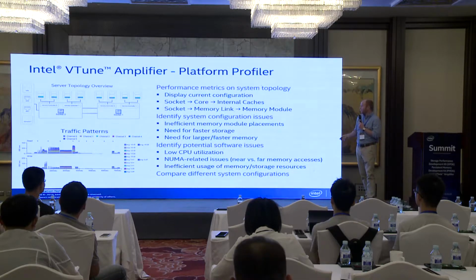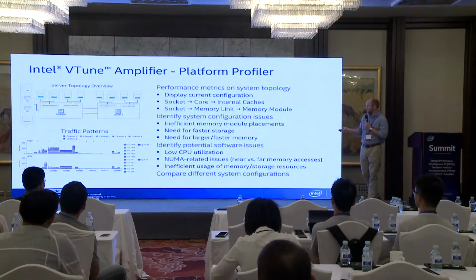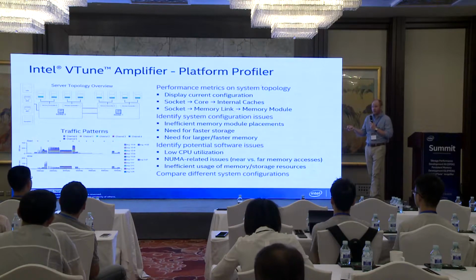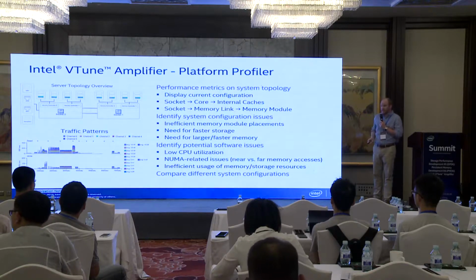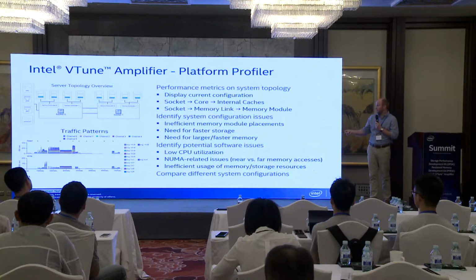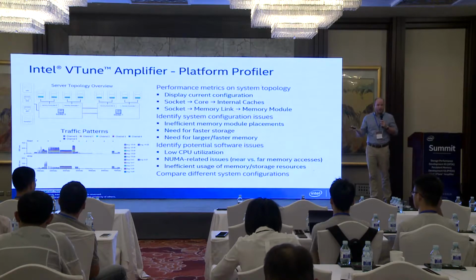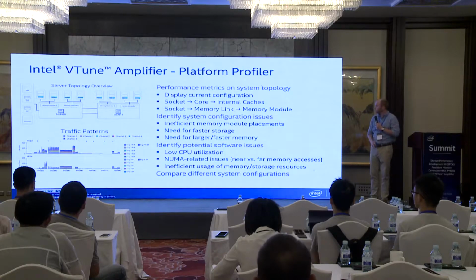We have performance metrics built in for the memory, the storage, the CPU, the PCIe buses, and all of that is displayed on over-time timelines that you can see here. So things like low CPU utilization, if you have NUMA performance issues with a lot of communication between the sockets, Platform Profiler can help you identify those as well.